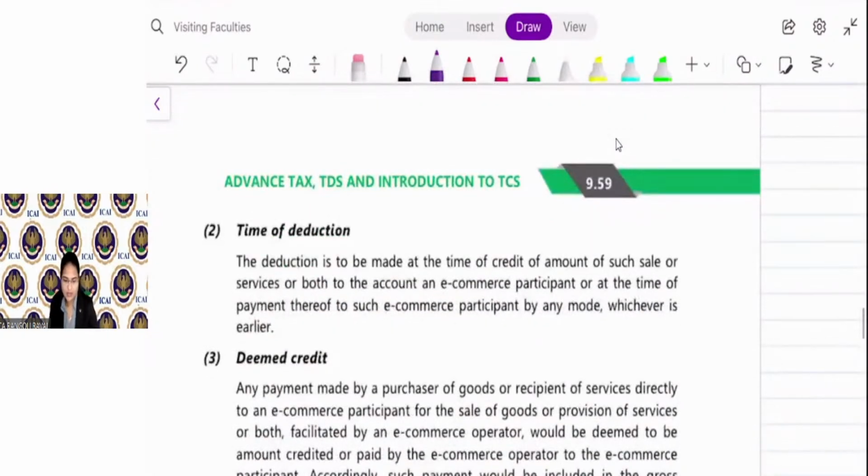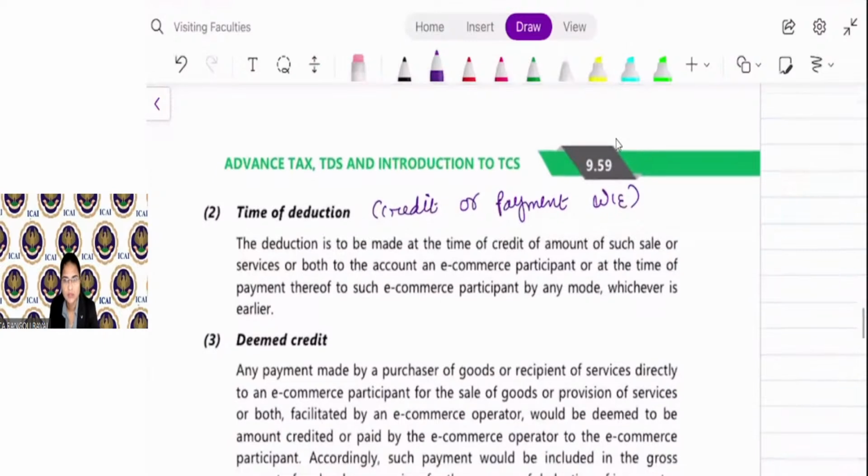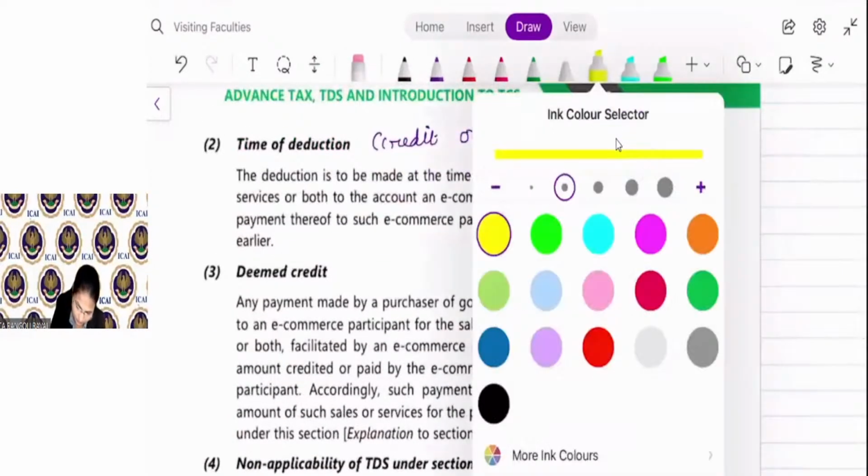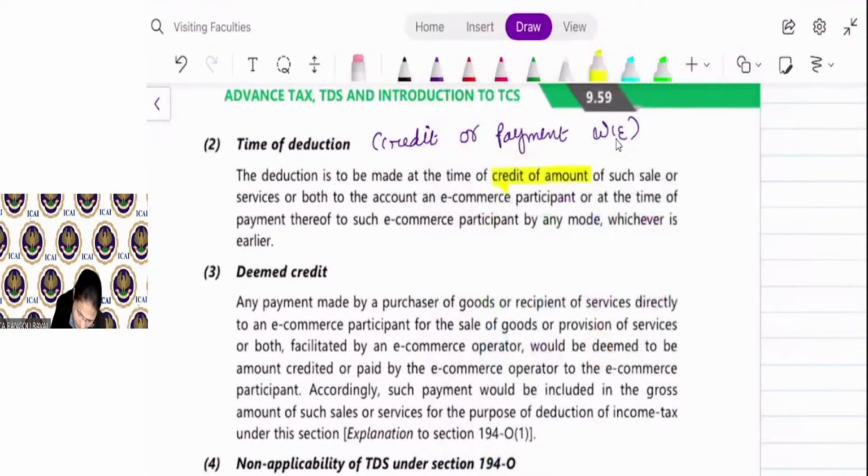Time of deduction here again, credit or payment, whichever is earlier.